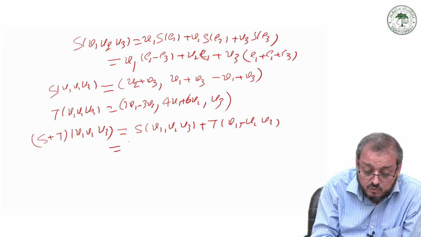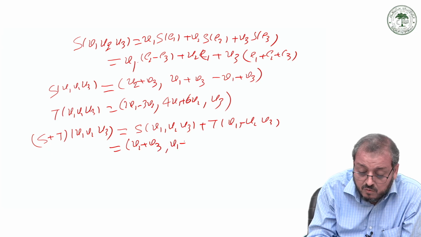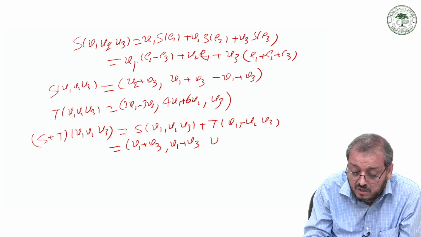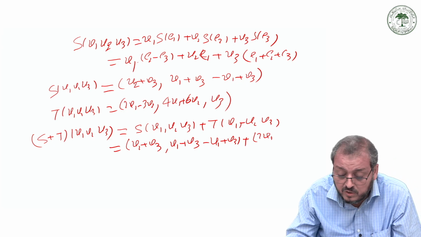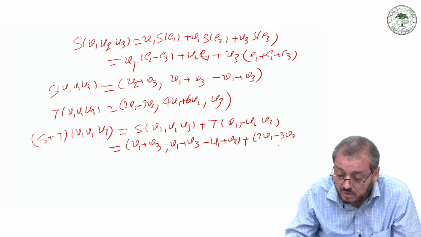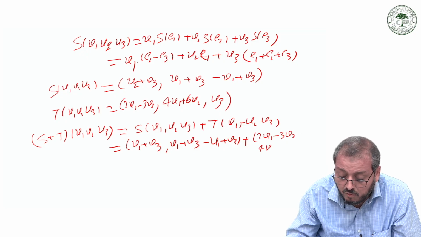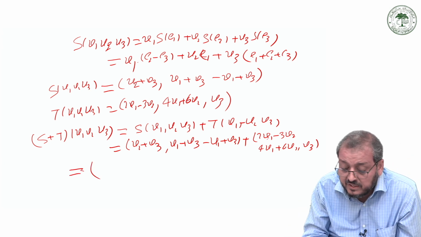Adding the components gives 2v1 minus 3v2, then 4v1 plus 6v2, and v3. This can be written as the sum of these.